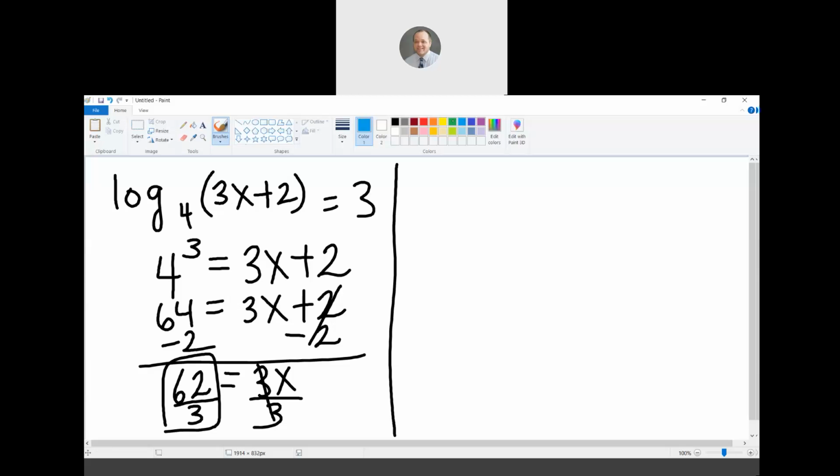Let's look at another problem. This one we have log base 2, in parentheses, 7x minus 1, equal to 5. First step again, convert your logarithmic equation into exponential form.